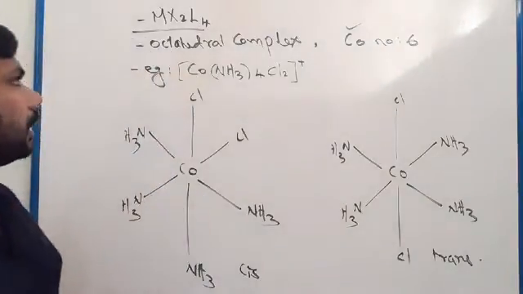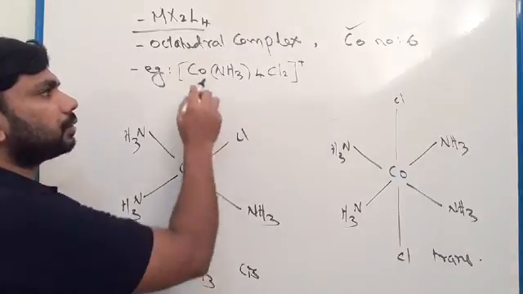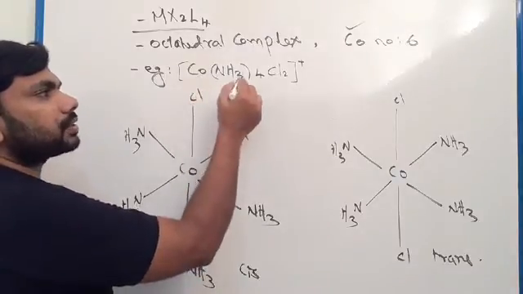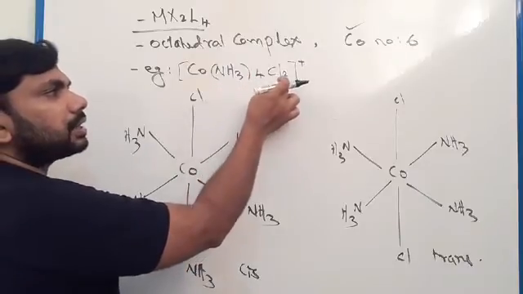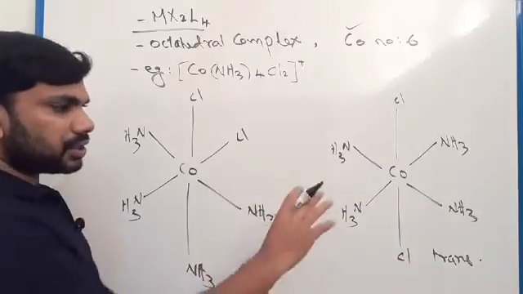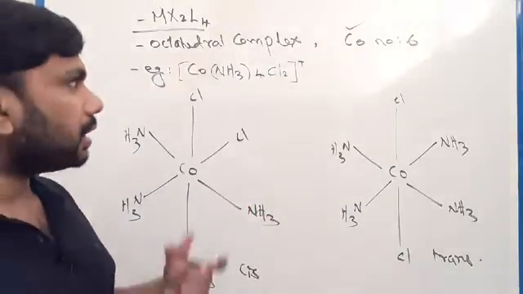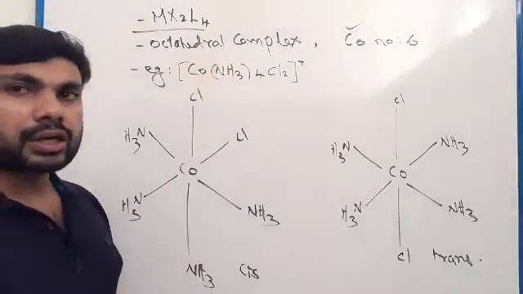Clear? And this type of coordination compound, for example cobalt NH3 4 times Cl2, NH3 coming 4 times and Cl2. These are the different isomers exhibited by this type of coordination compound.